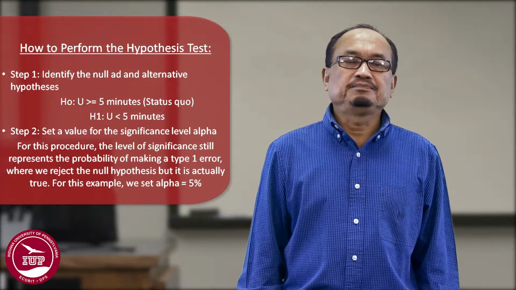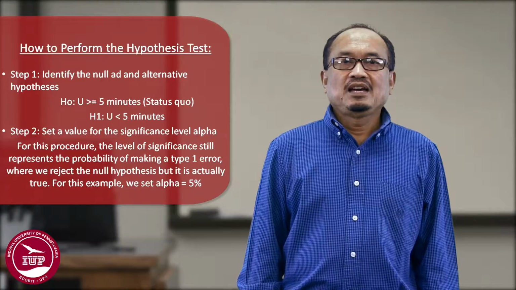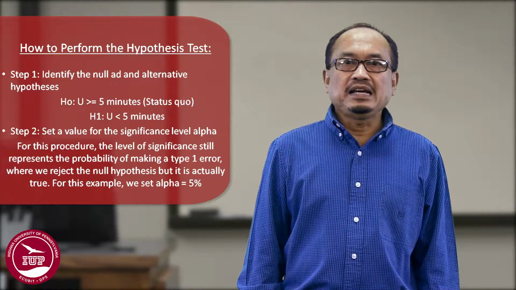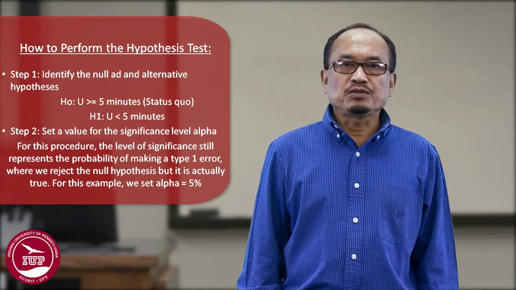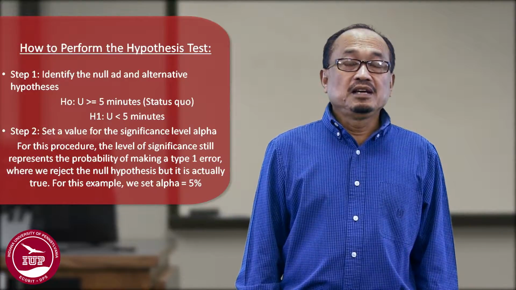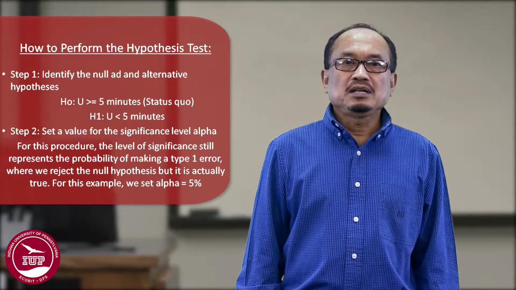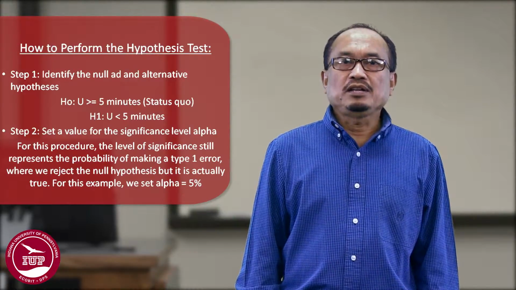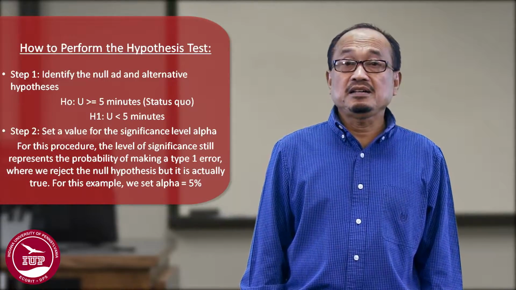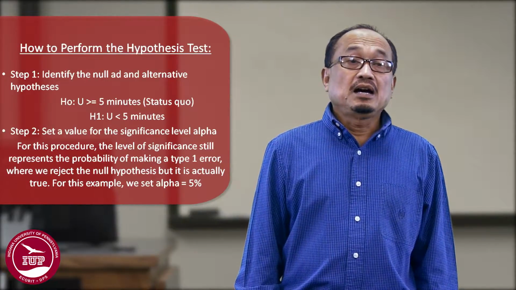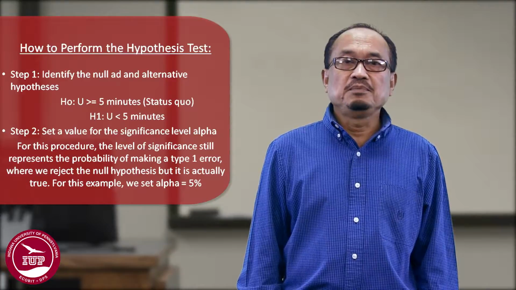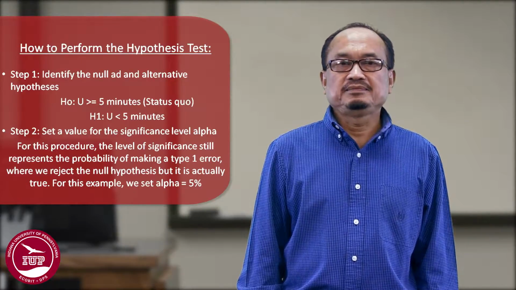To perform this hypothesis test, we will follow 6 steps. Step 1. Identify the null and alternative hypotheses. Null hypothesis: mu greater than or equal to 5 minutes. This is the status quo. Alternative hypothesis: mu less than 5 minutes.